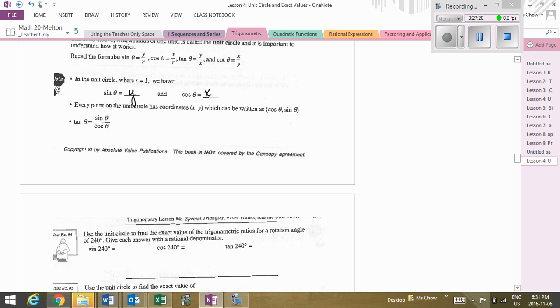So really, for a point (x, y), that point is cosine of theta followed by sine of theta. And since tangent of theta is y over x, tangent of theta is sine over cosine. So these are important to note for sure.